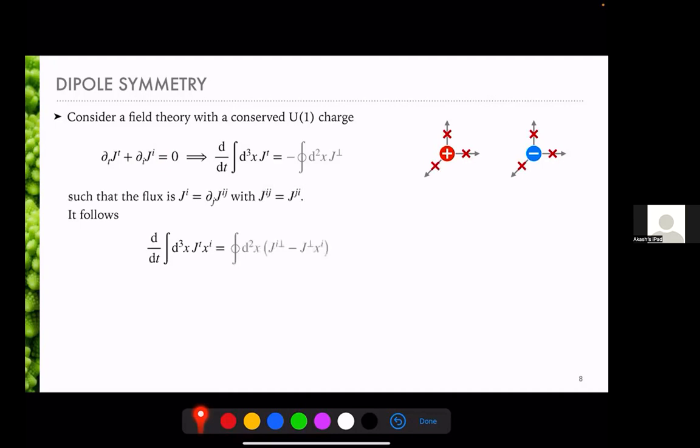But on top of that, let me add this new requirement that my flux is given by the divergence of some symmetric tensor. At this point, this is like a requirement. I want this to be the case. But if this happens to be the case, you can work out that if you define a dipole moment associated with a particular charge and you compute the time derivative of the dipole moment integrated over some volume, it will again give you a surface term.